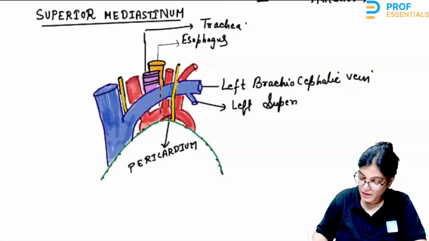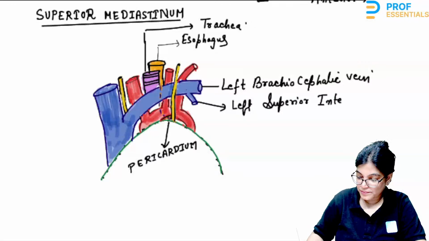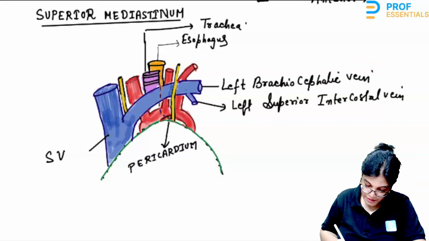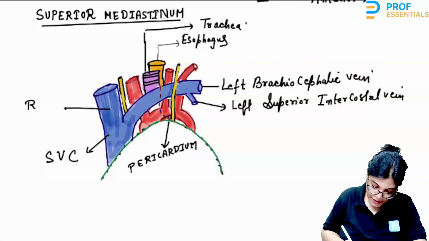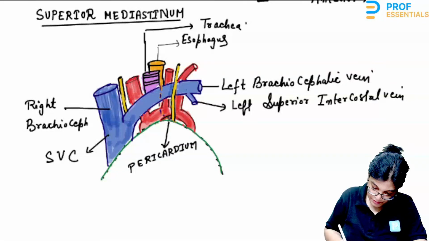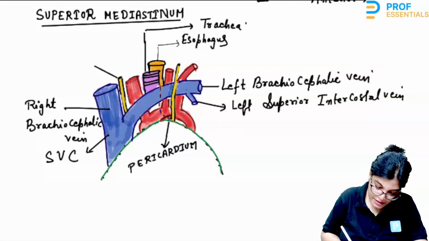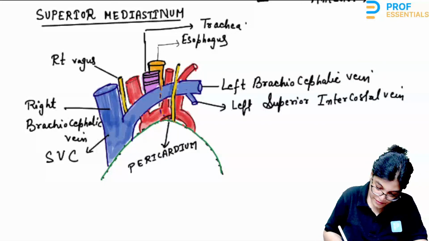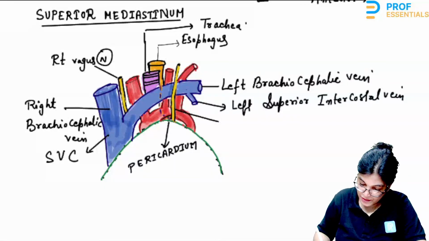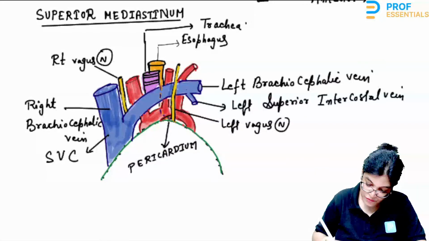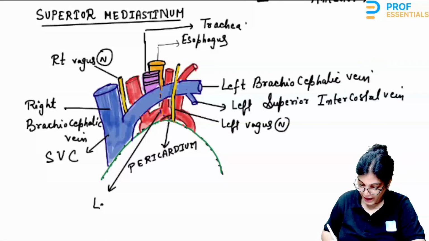This is the superior vena cava. This is the right brachiocephalic vein. This is the right vagus nerve. This is the left vagus nerve. And this loop which I have drawn with a dotted line, what is this? This is the left recurrent laryngeal nerve.